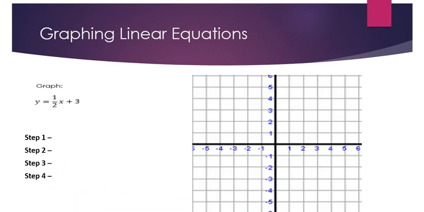Okay, so looking at what they gave us, our equation is already in slope-intercept form. It was given to us in that form, right? So y equals 1/2 x plus 3 was already done, okay?